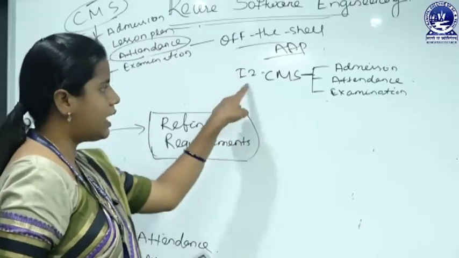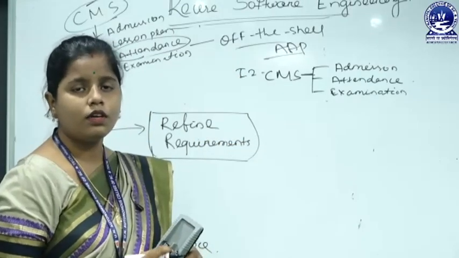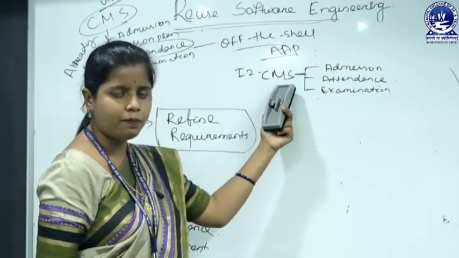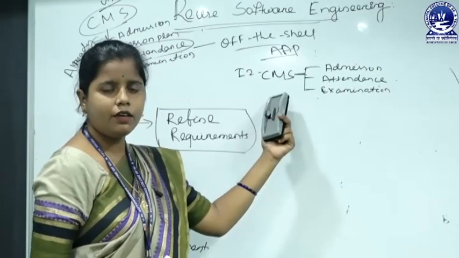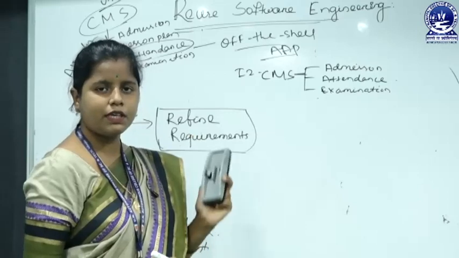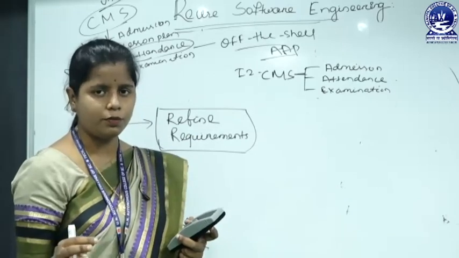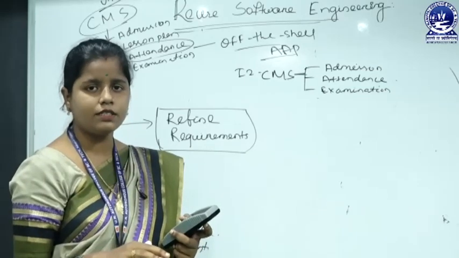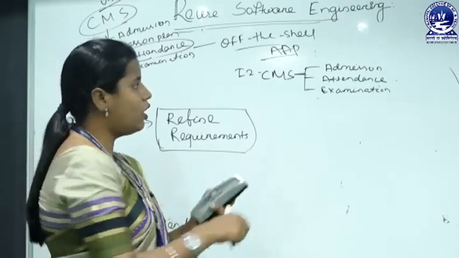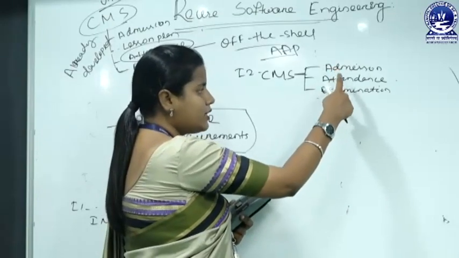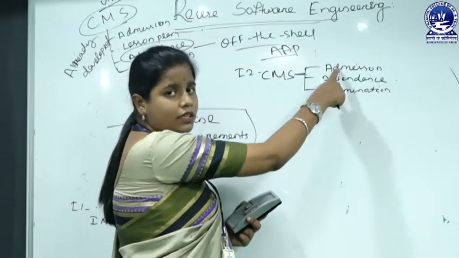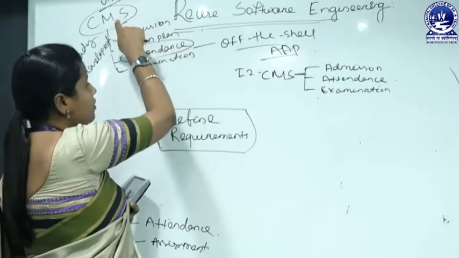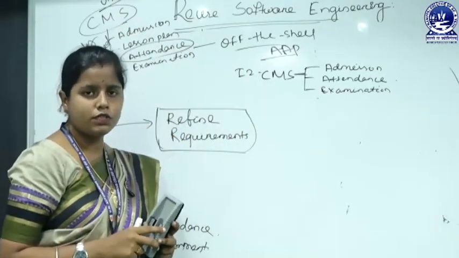So, consider the I2. The I2 requires admission and attendance under the class management software. So, here when we go for the requirement specification and software discovery and software evaluation, there from the software discovery phase, we got that all the functionalities, that is admission and attendance and examination, all these three functionalities are readily available with us in case of UN College management software.